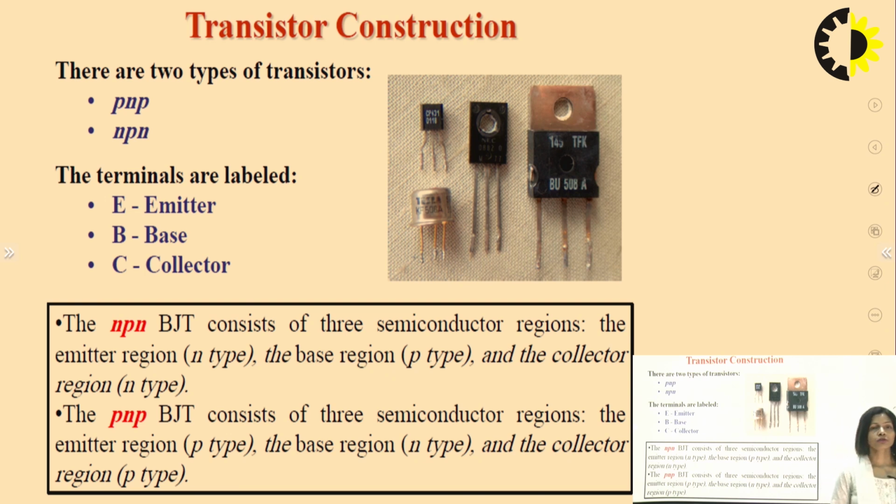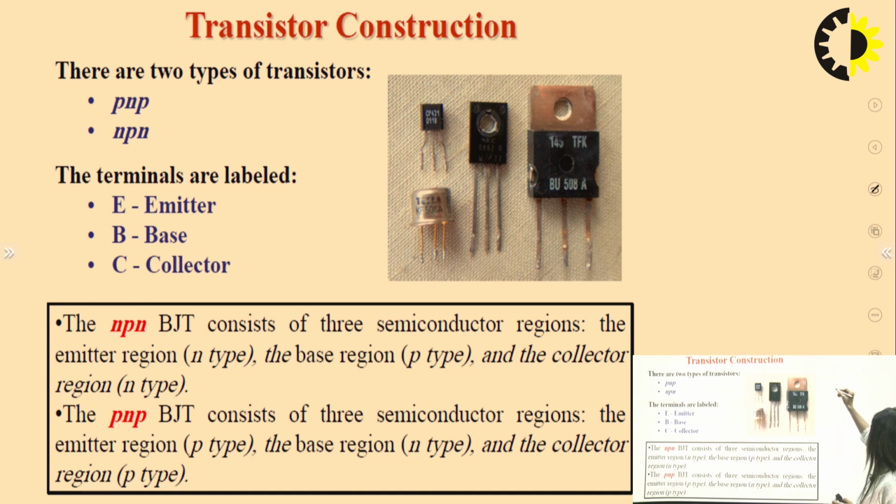Basically, there are two types of transistor. A few transistors practically have been shown in this particular diagram, and there are basically two types as shown here. First is PNP and second one is NPN. So the PNP is like, first there are three slabs and there will be two junctions.